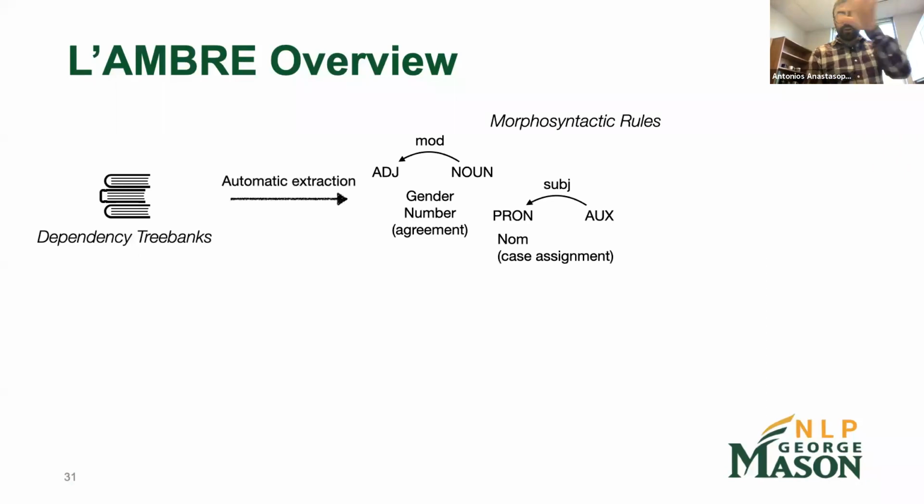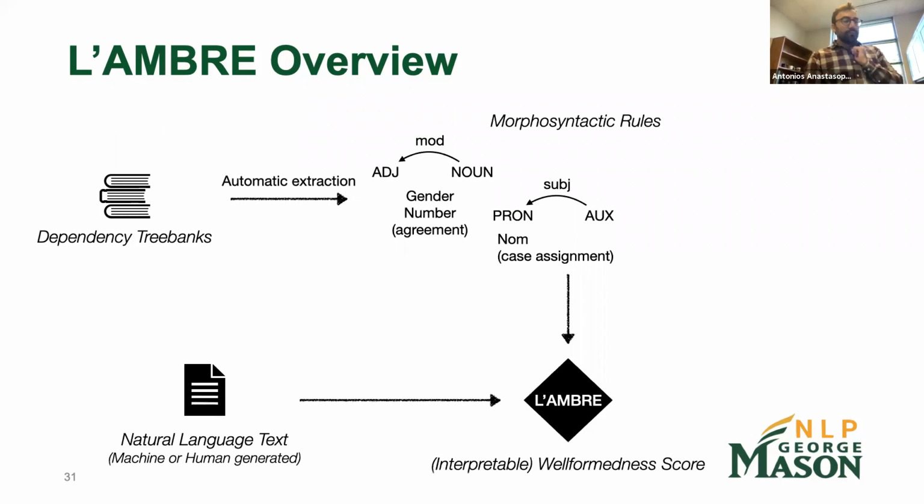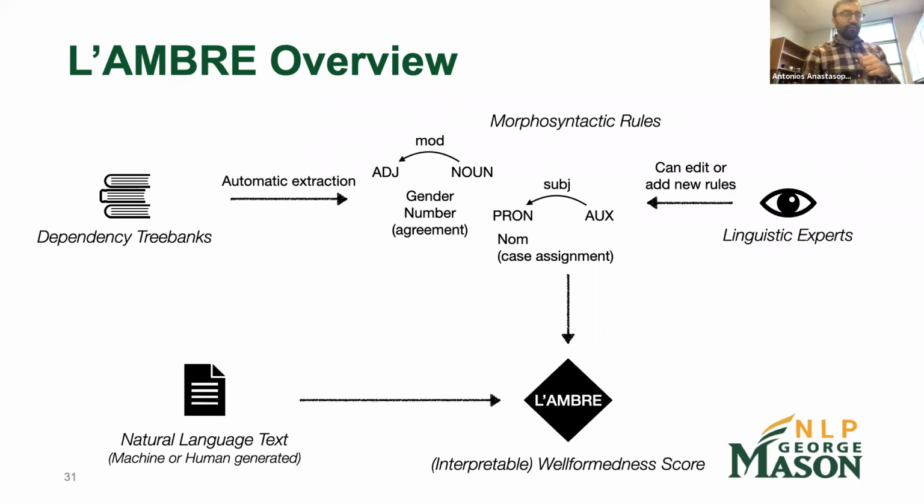We have our process for extracting rules, and now when we have text generated by a model, we can just compare it against those rules, okay? The nice thing is that we can have a linguist look at the rules and add them to the checklist, or remove rules from the checklist, as these are automatically discovered from many languages.